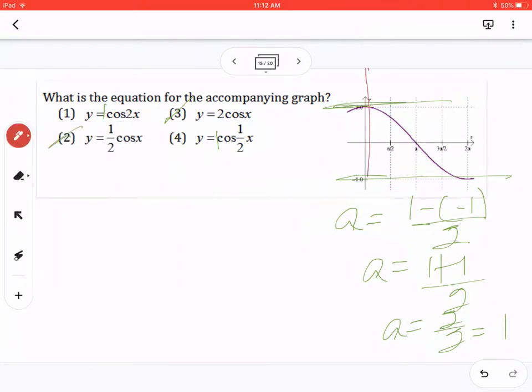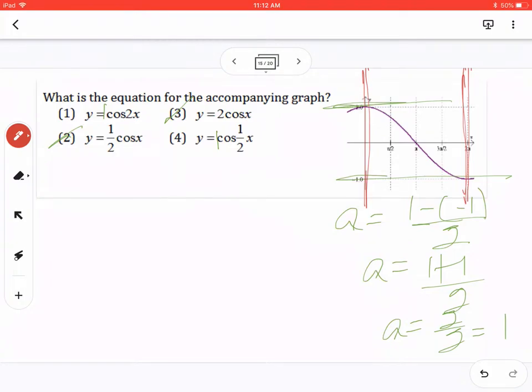Here we have the graph starting here, and when we get up to 2 pi, this is a cosine curve. We're only seeing half. By the time we get up to 2 pi, we're only seeing half of the curve, meaning that the frequency hasn't completed one full cycle.